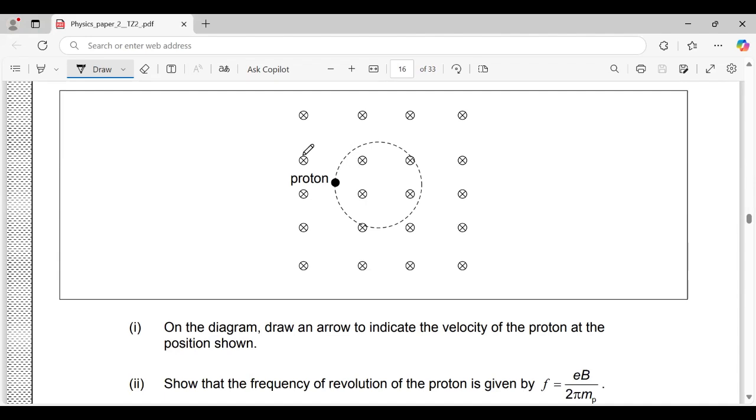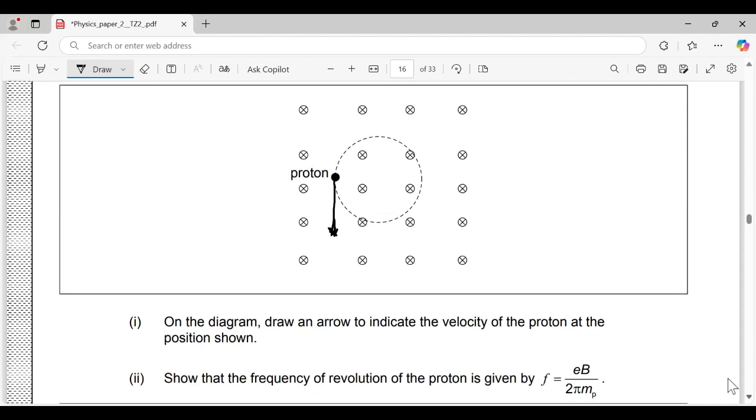So the arrow points downwards, perpendicular to the radius, like this. The direction is downward.